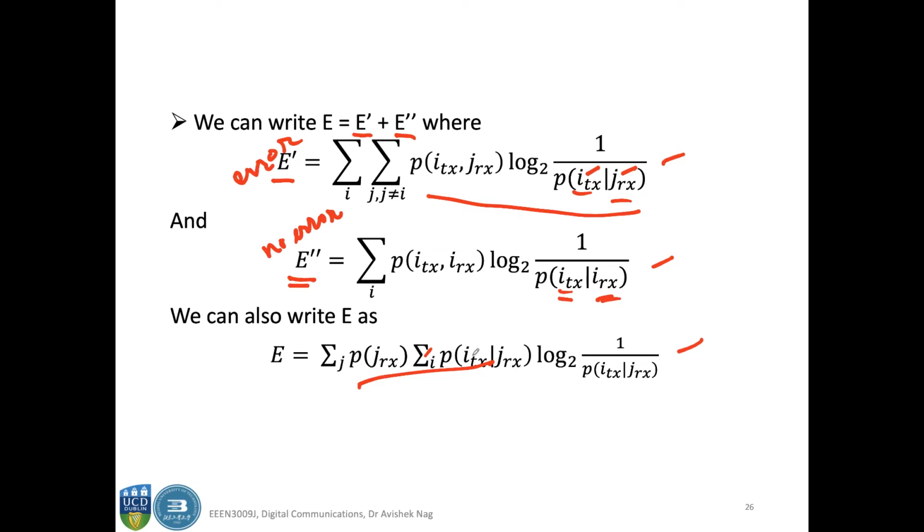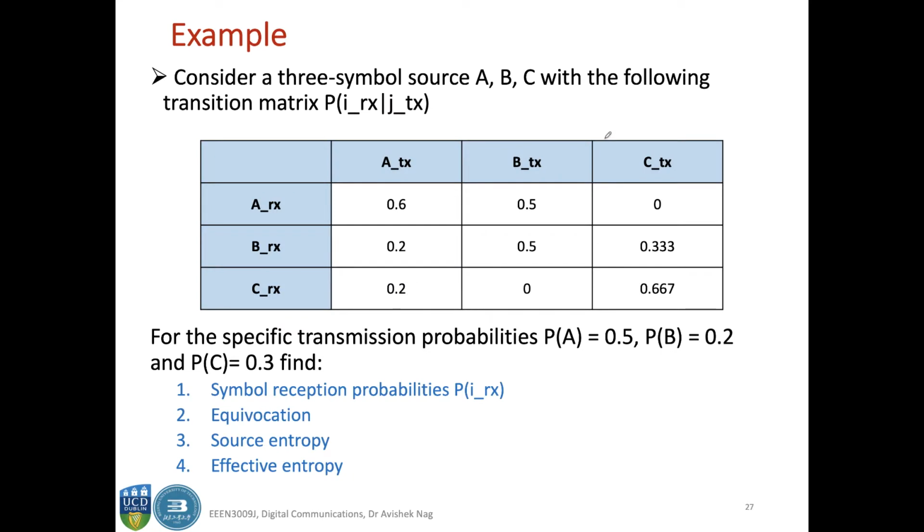So let's take an example and use the actual values of these conditional probabilities in this definition of equivocation, and then try to find out how you can get this effective entropy. So let's say a three symbol source A, B and C is there with the following transition matrix.